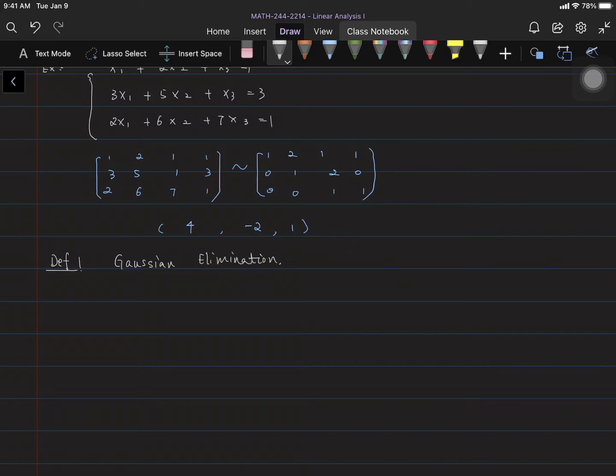Okay, that means the process includes two steps. Reducing first: reduce the augmented matrix into row echelon form.